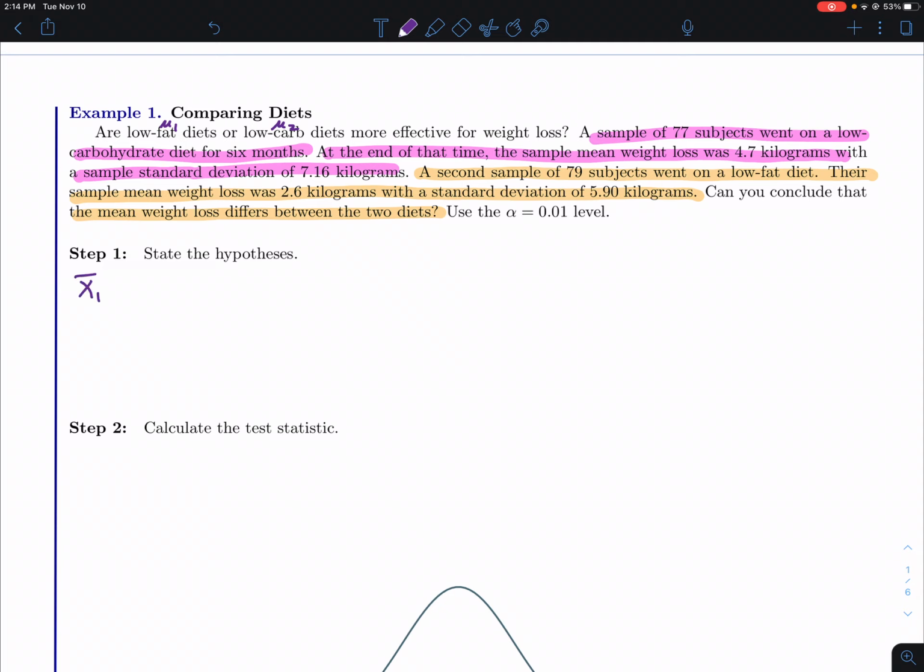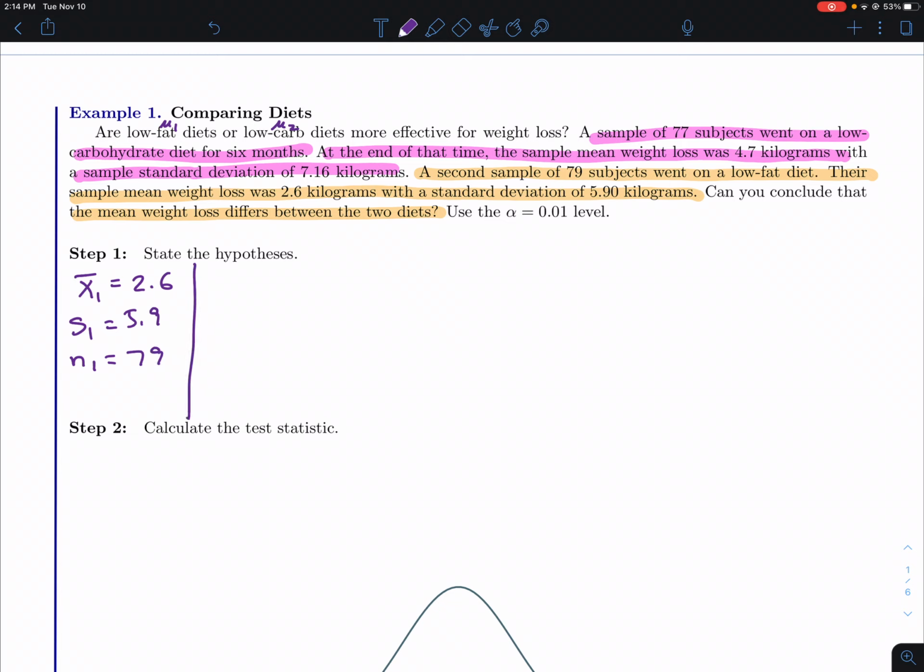So my sample mean was 2.6 kilograms. My sample standard deviation was 5.9 kilograms. And the number of people that were surveyed was 79.